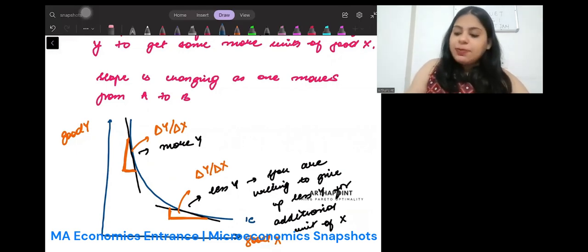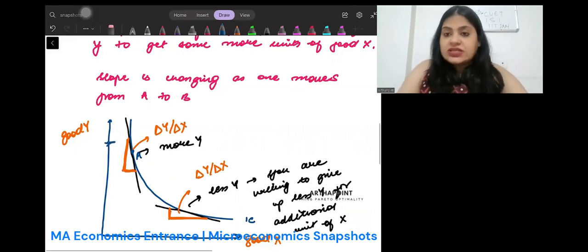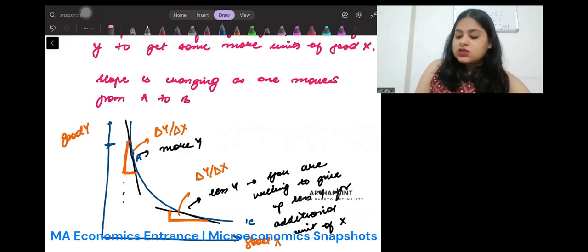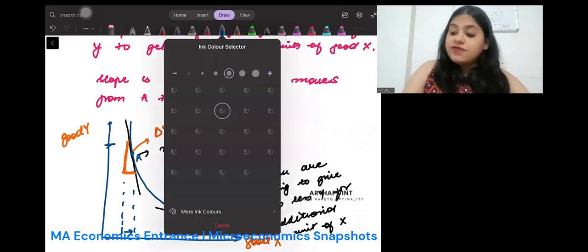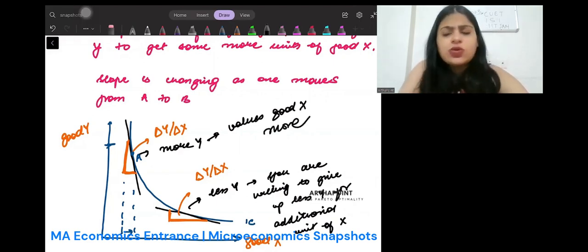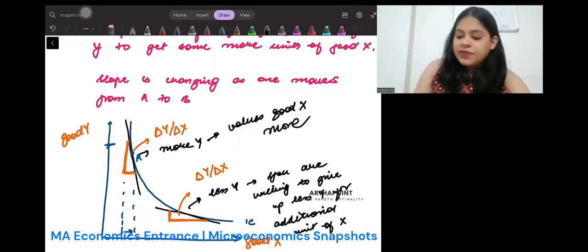Note that at point A, I have a huge amount of good Y. When the consumer has a huge amount of good Y, he is willing to give up more of good Y, because he has a lot of Y, for an additional unit of good X. So he values good X more at this point because he has very little good X. He has too much of good Y. So let's say, suppose this is 5.